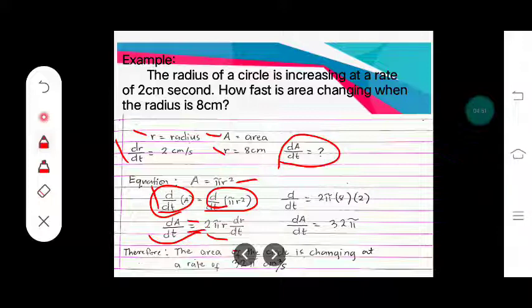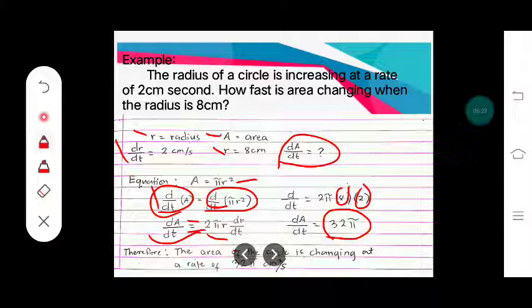So 2 pi, then r which is 8, and dr over dt is 2, and all you have to do is simplify that. Therefore, dA over dt is equal to 32 pi.